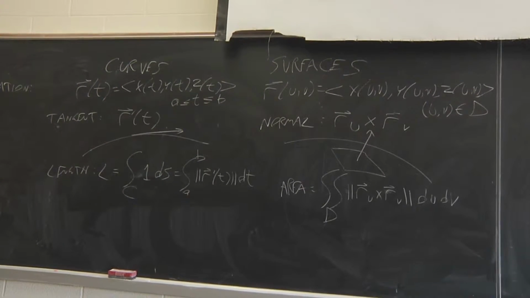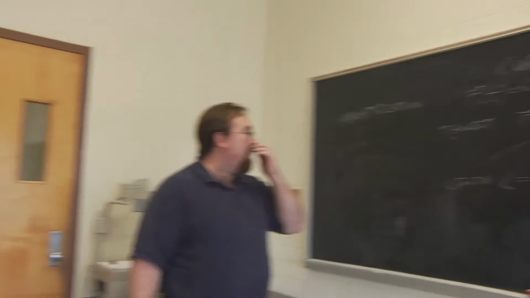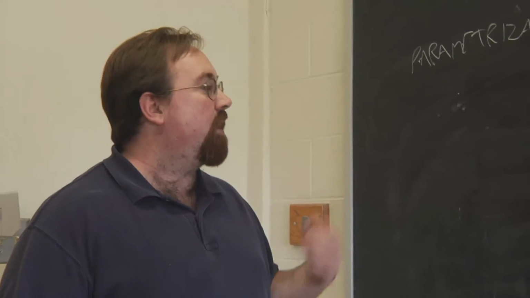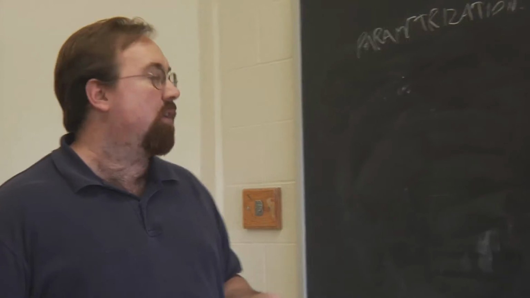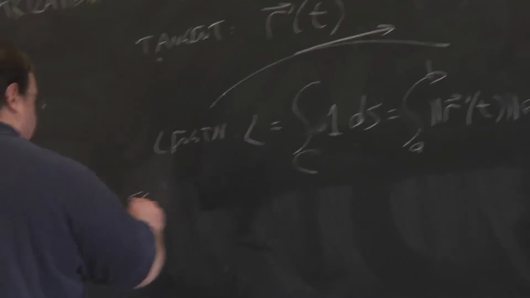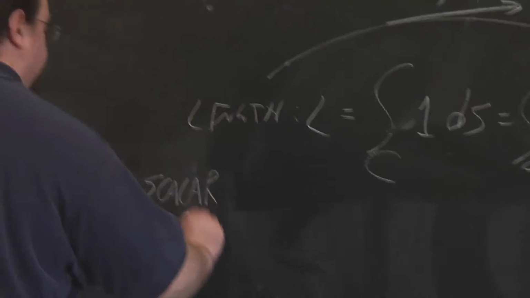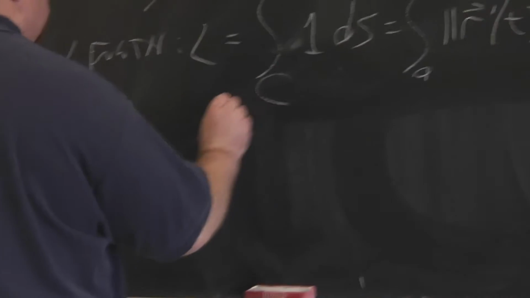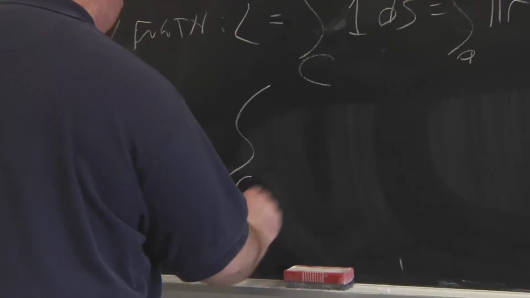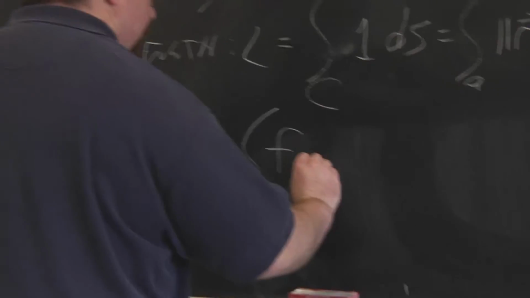Now, we're at the point where we left off last time. How do we integrate functions over surfaces? Well, it's kind of like how we handle curves. So, to integrate a scalar valued function over a curve, this is what we've done before, we get the integral of function f ds.